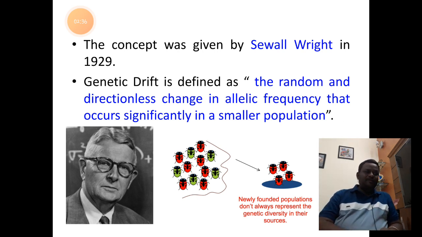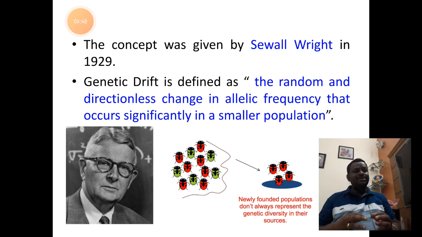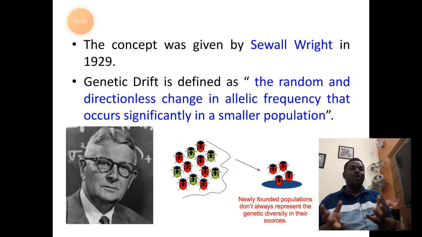The concept of genetic drift was given by Sewall Wright in 1929. He defines genetic drift as the random directionless change in allele frequency that occurs significantly in smaller population.